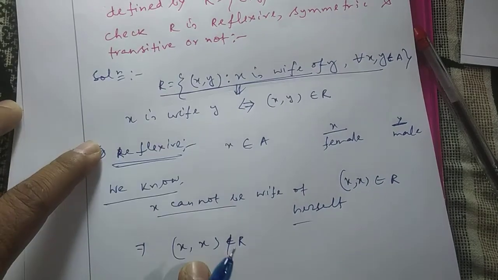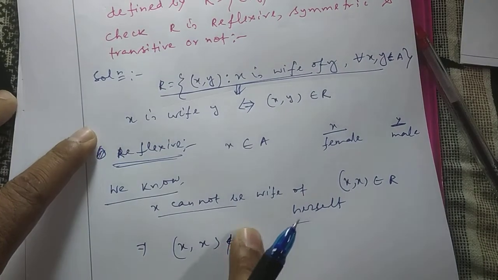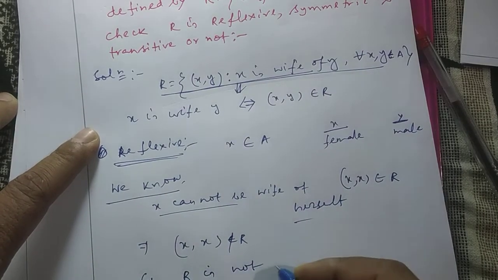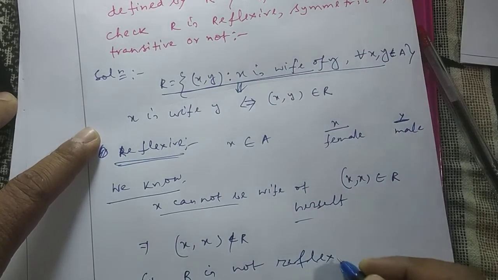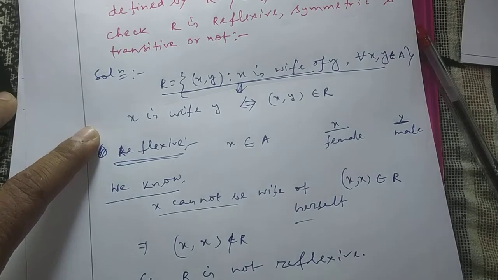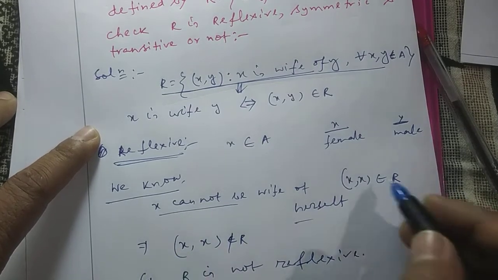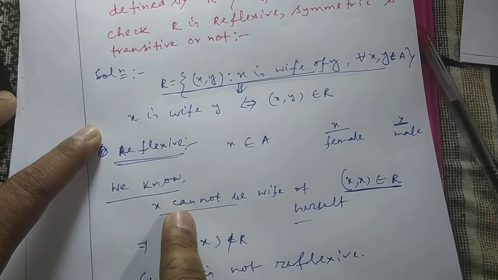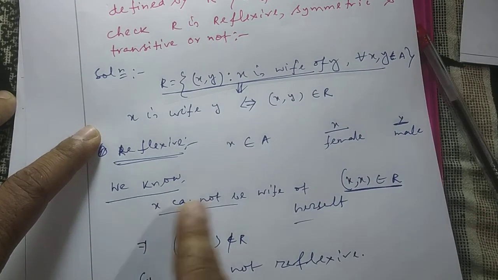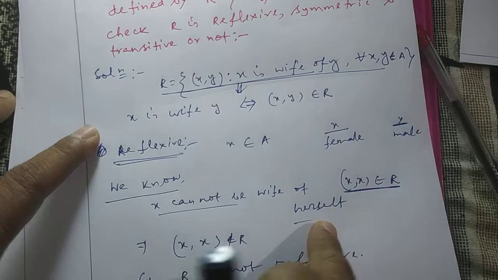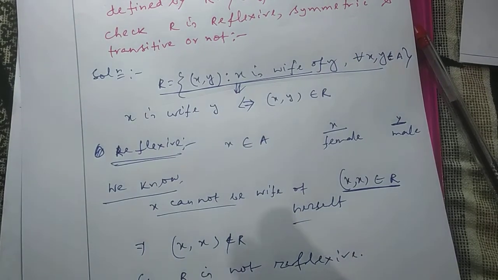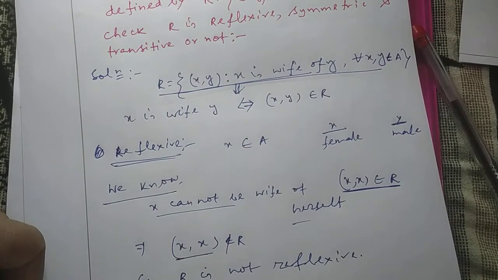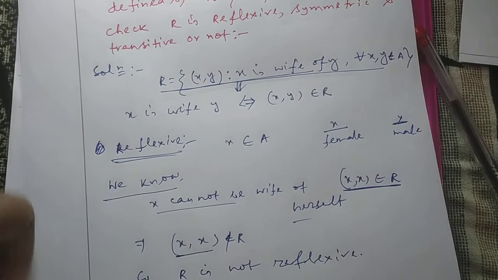That's why we can say (x, x) does not belong to R. So we can claim from here R is not reflexive. Understood or not? Because to be reflexive, the same element's ordered pair has to satisfy the given relation. But here we have shown x cannot be wife of herself. A female cannot be wife of herself. That's why (x, x) does not belong to R. So R is not reflexive here.